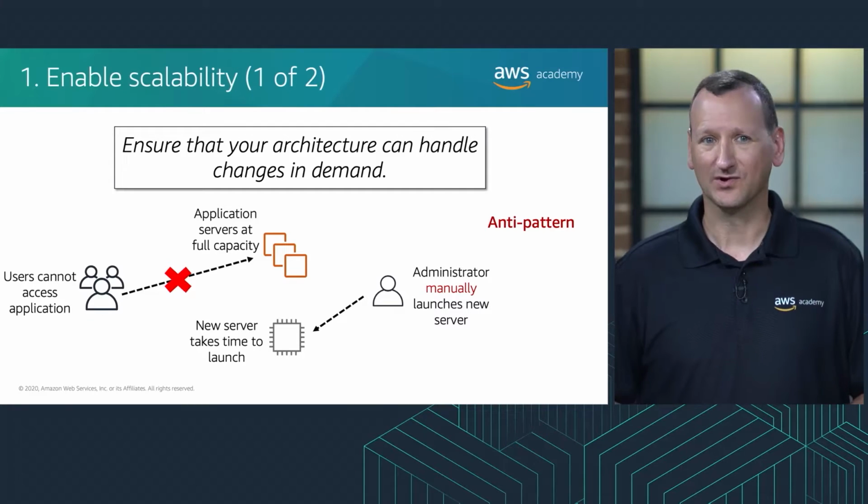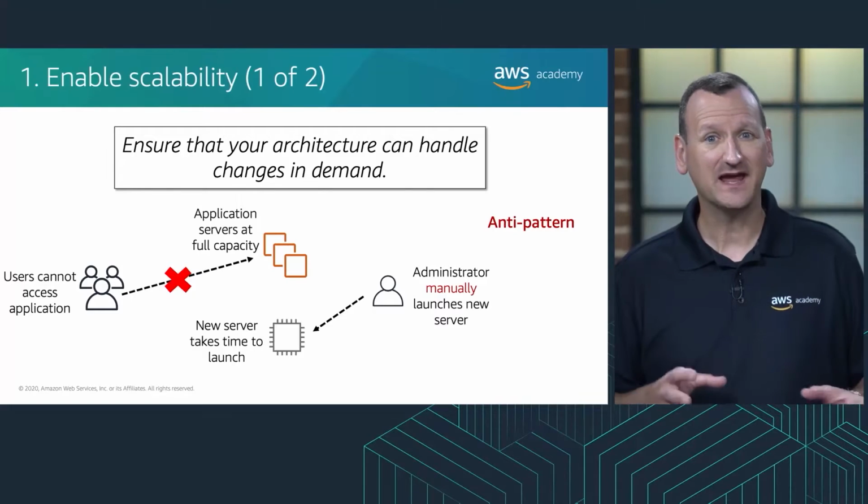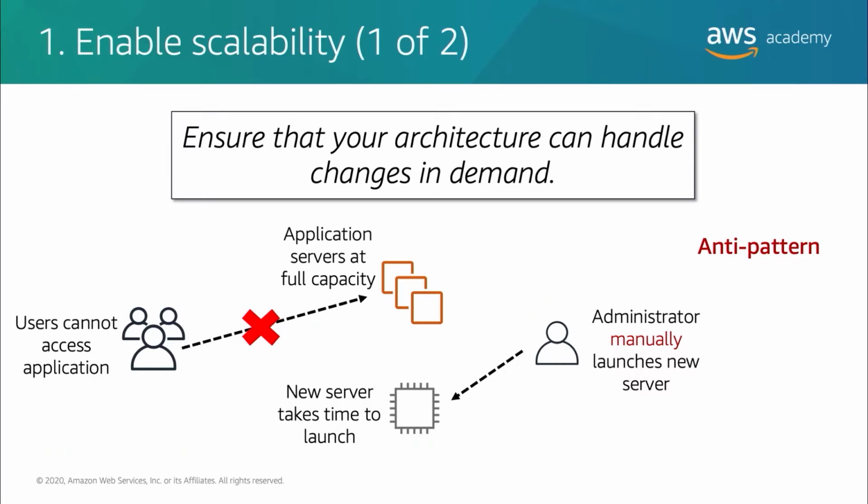When you run your workloads on the AWS cloud, you can scale your infrastructure quickly and proactively. It's a best practice to implement scalability at every layer of your infrastructure. To understand the importance of scalability, consider this anti-pattern, where scaling is done reactively and manually.